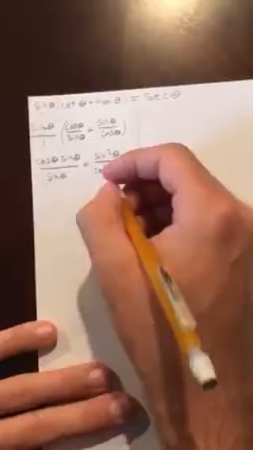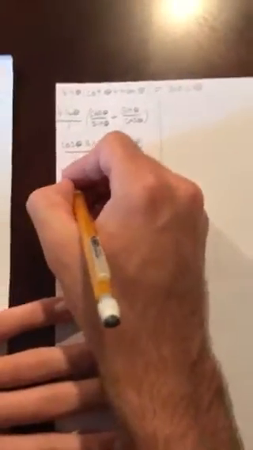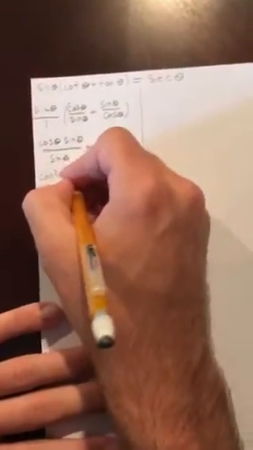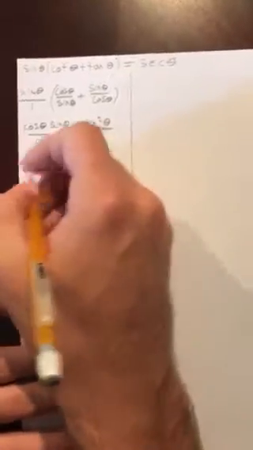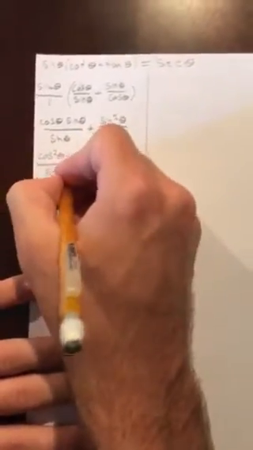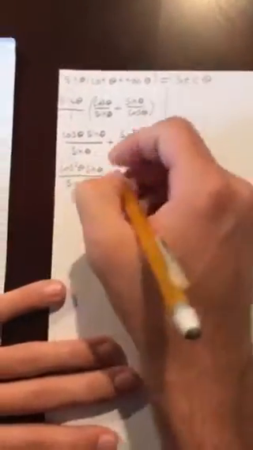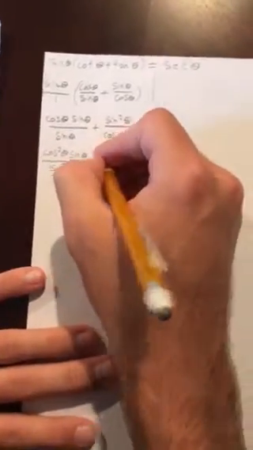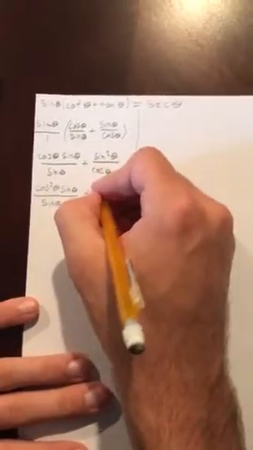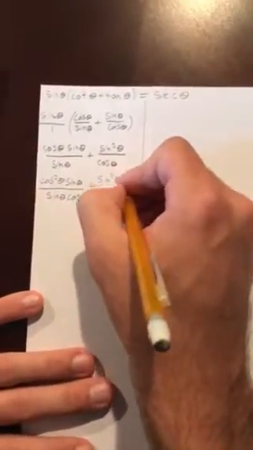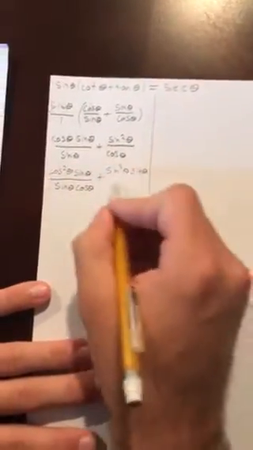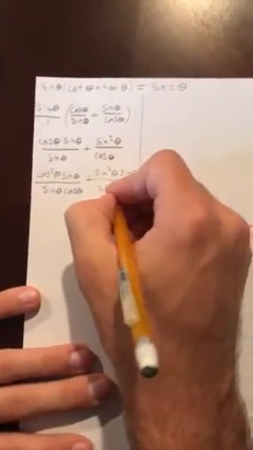So here we're going to times the left side by cos theta and the right side by sine theta. So we'll go with the left side first. Cos squared theta sine theta over sine theta cos theta plus right side we're going to times by sine theta. For this purpose here, I'm just going to leave it outside rather than make it into sine cubed theta. And we're going to put that over sine theta cos theta.